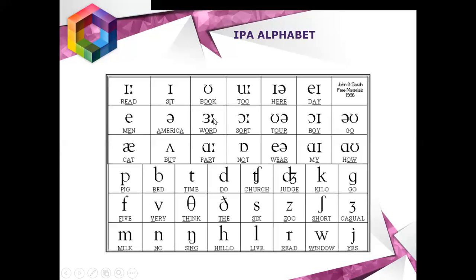Then we have this one that is like a 3. This one is very common. We have to pronounce it like this. So we say word, word. It is not word, but word, okay?